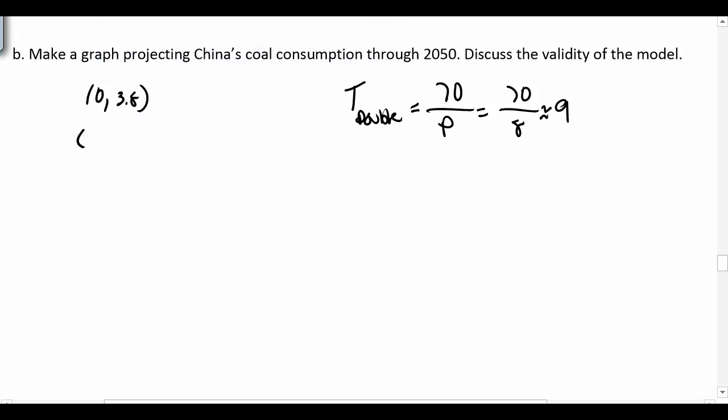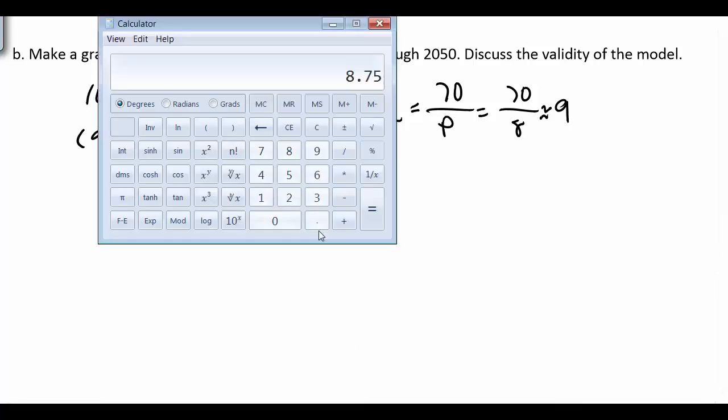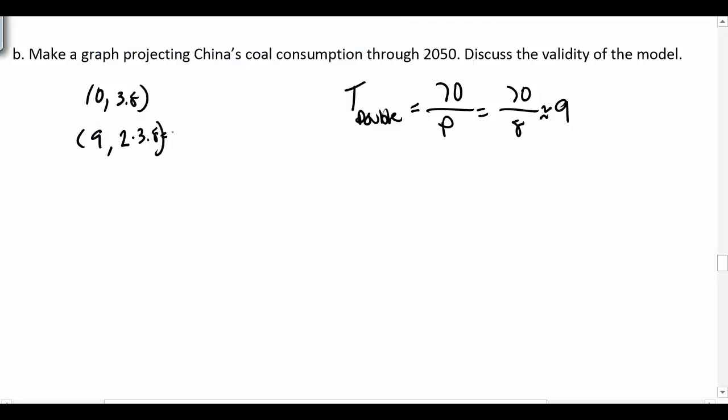Okay, so it takes 9 years for it to double. So in 9 years, we're going to have 2 times 3.8, which is 7.6.